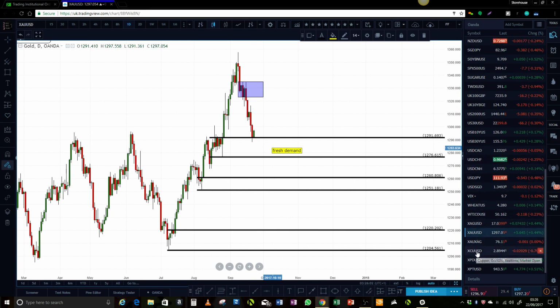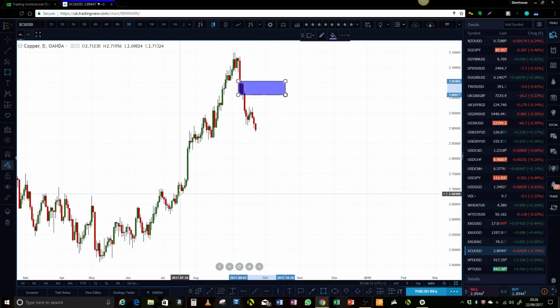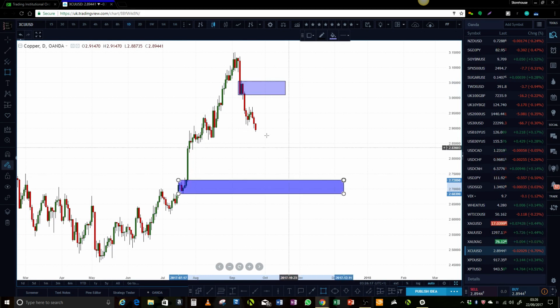Let's look at, I don't know how many of you trade copper. Here we are with copper. Copper has supply above. I think it might be forming some new supply right now. And we don't have any quality demand until somewhere in here. So again, we have a lot of space there. So it should be interesting.